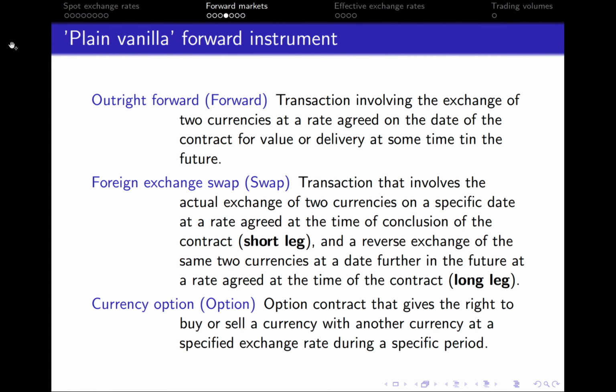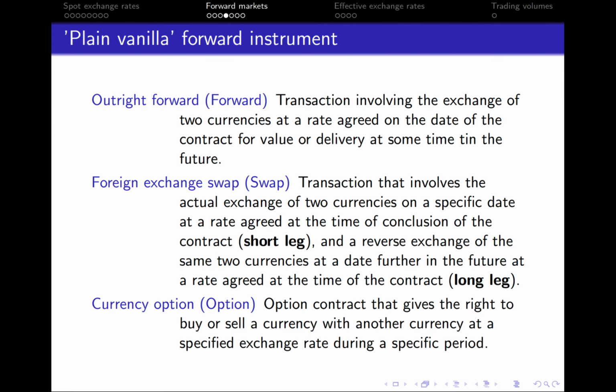So first is outright forward, or we're going to be calling it forward for short. This is a transaction involving exchange of two currencies at a rate agreed on the date of the contract for value or delivery at some time in the future. Now, look, what does it mean? This is exactly the transaction that I've described to you before.